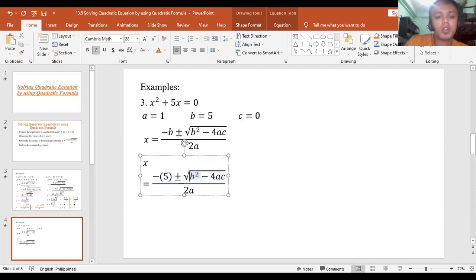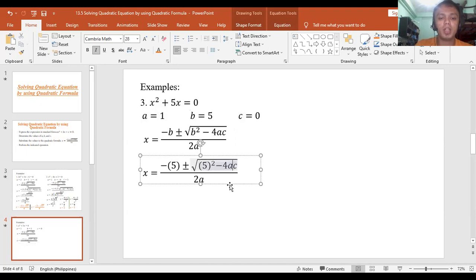Negative 5 plus or minus the square root of, again yung b natin, we have 5 squared minus 4 times, ano yung a natin? Palitan natin yung a. Ano yung value ng a? We have 1, times yung c natin, equal to 0, over yung a ulit natin is equal to 1.